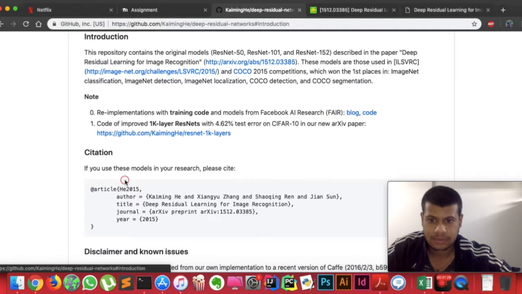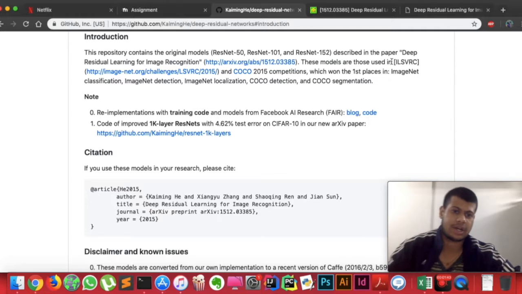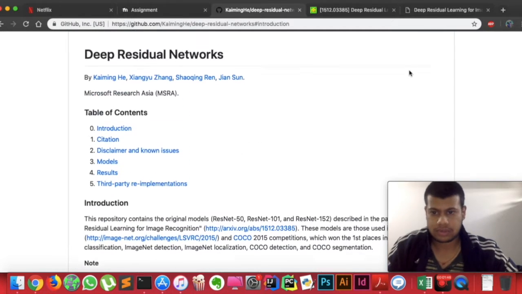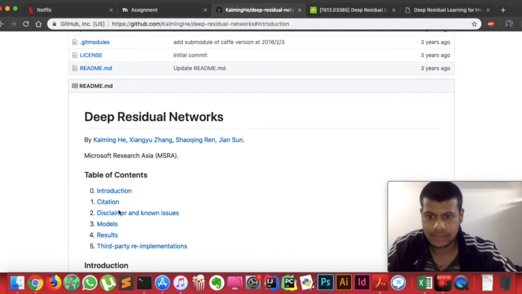Let's get into this. This is the introduction. The repository contains the original models that they have trained for the residual networks: ResNet 50, ResNet 101, ResNet 152, as described in their paper, Deep Residual Learning for Image Recognition. Wow, that sounds lovely. Let's get into it.